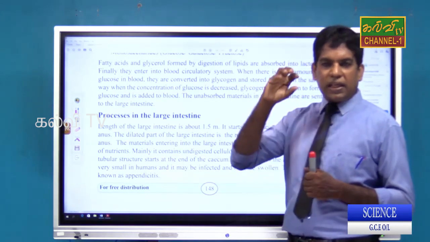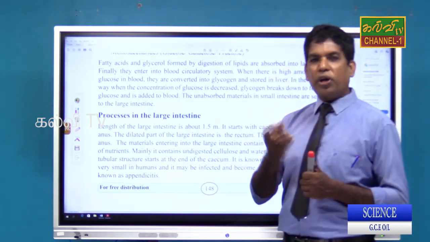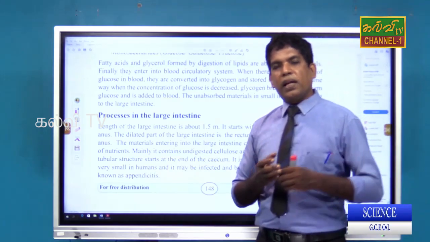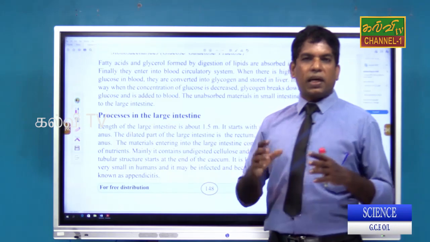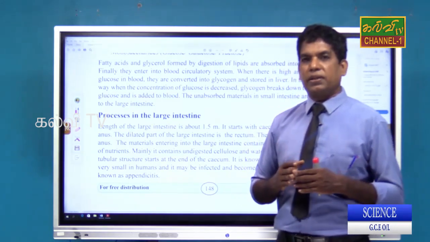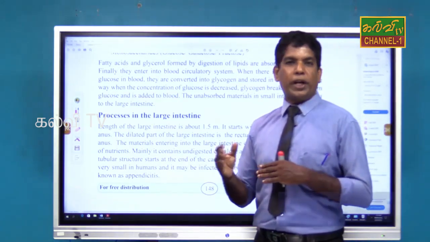After that comes absorption. We already studied the length of the small intestine, about 7 meters, or 25 feet.